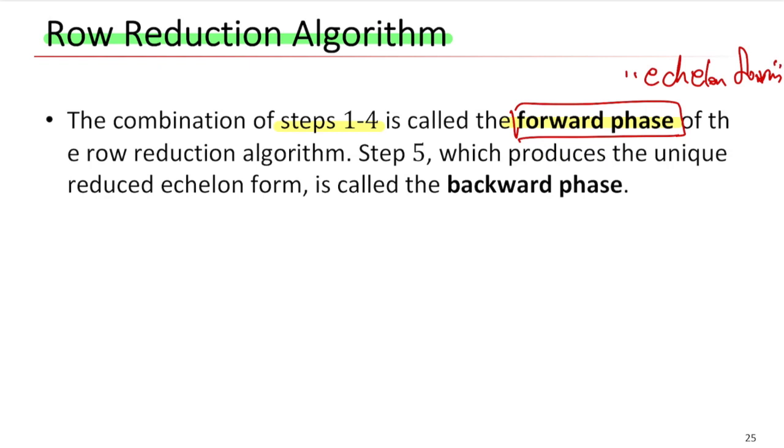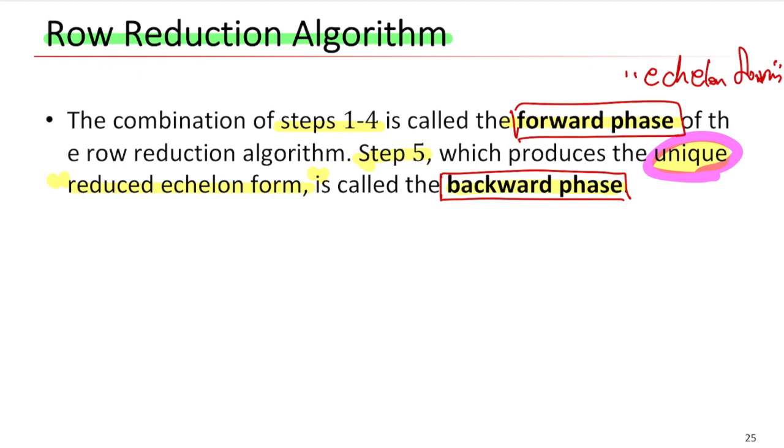And then in step 5, what do we want to do? We want to make the unique reduced echelon form. We know the reduced echelon form is unique for an arbitrary matrix, right? So this is called the backward phase of the row reduction algorithm.